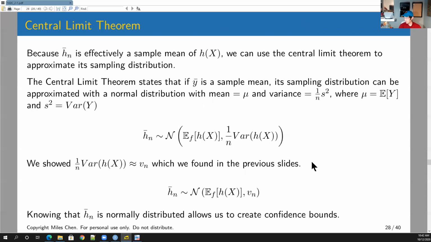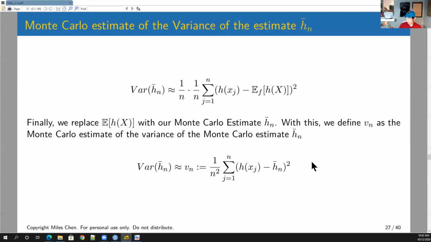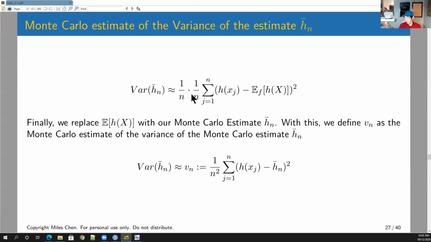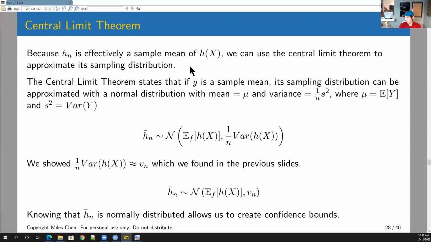All right, so now we've got the variance and the expected value. And if you look at this, h bar is effectively a sample mean, right? There's a big sum. It's the sample mean of h applied to a random variable, but it's basically a sample mean, right?